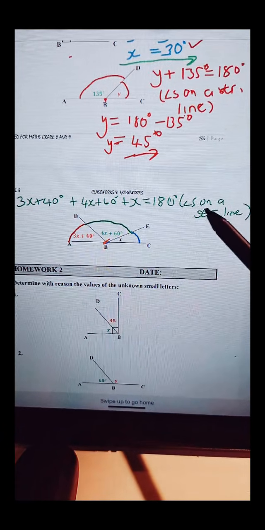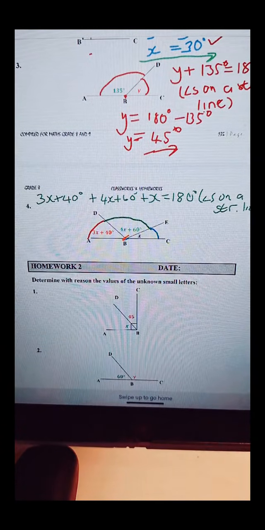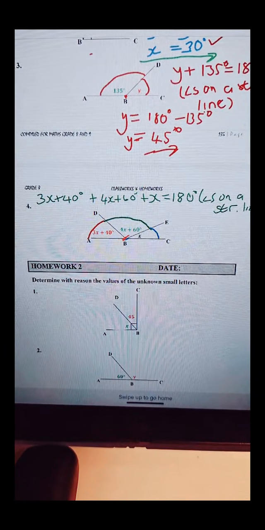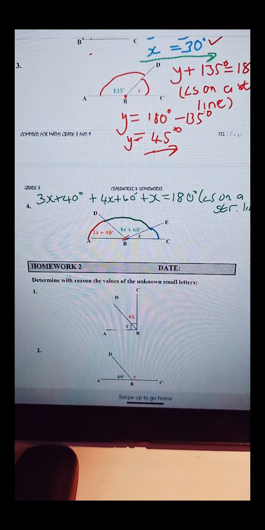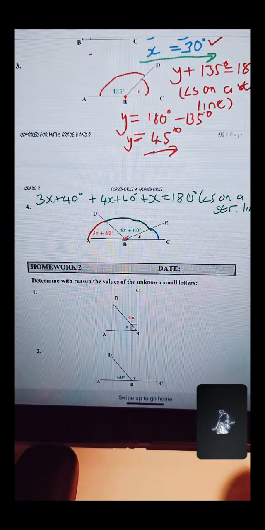Reason? Angles on a straight line. So be very careful when you are unpacking that. I wouldn't want you to be writing the wrong reason under the wrong circumstance. That is very brutal to yourself and to those who would want to hear the truth about that problem from you.